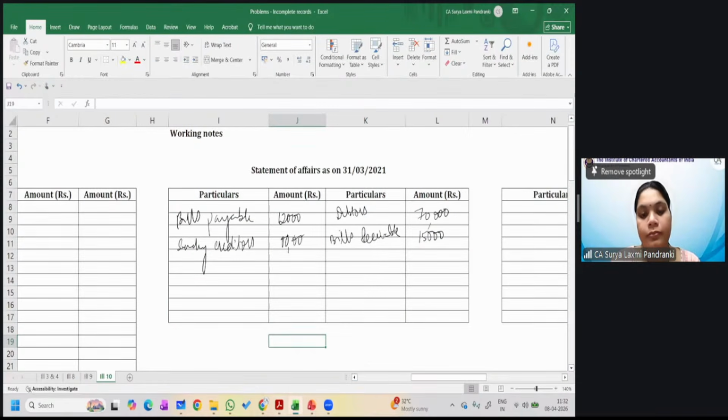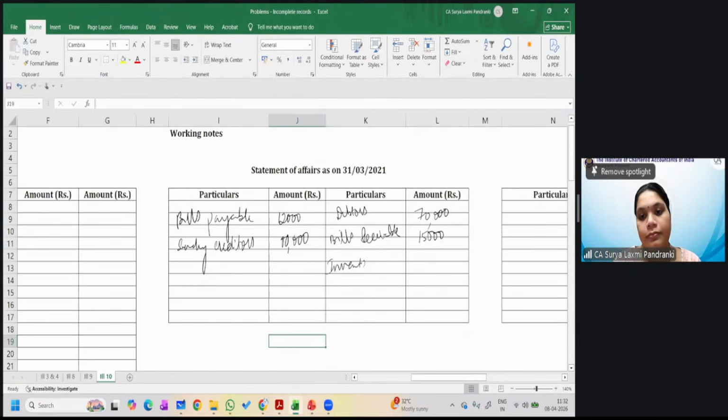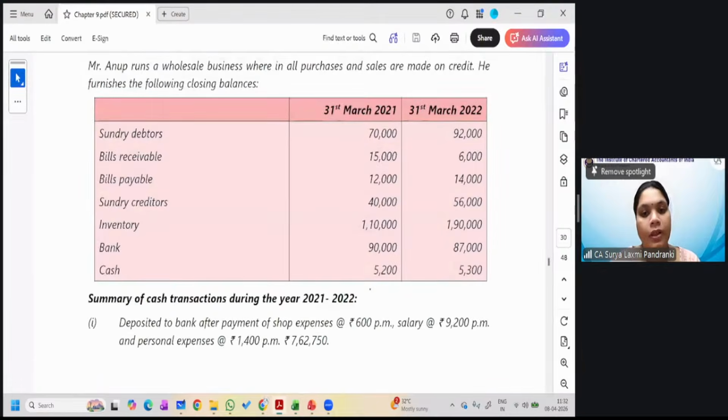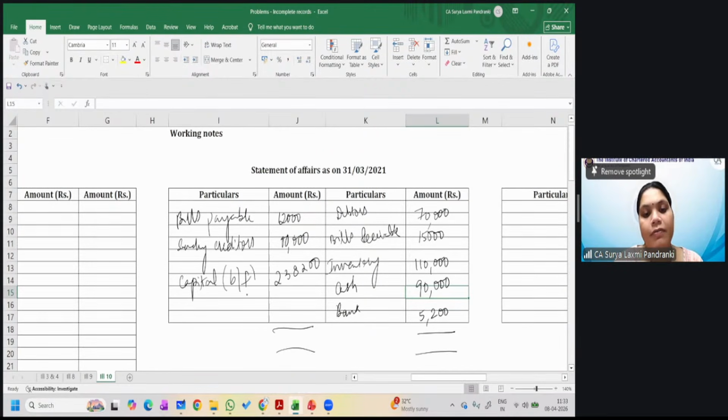Then we have inventory, cash, and bank. Then calculate the balancing figure. Ma'am, 238200. 238200, correct? Yes, ma'am. So this will be called as capital. Nothing but the balancing figure.